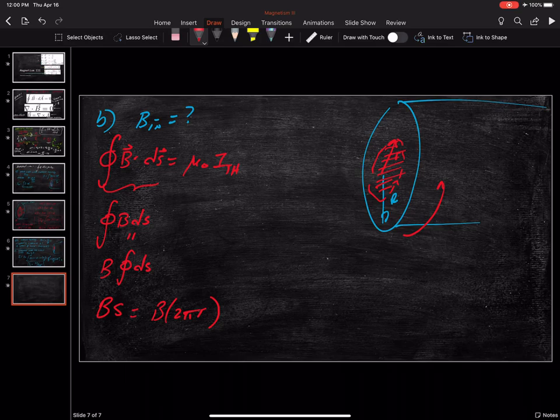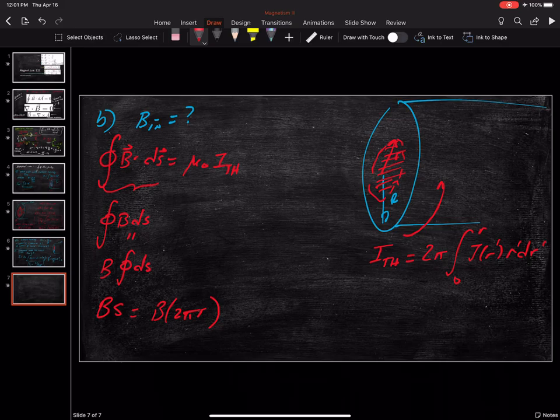Now I just have to figure out I through, and that's easy. This is just 2 pi integral of j of r times r dr from 0 out to r, this radius here. If it bothers you, call this j prime, r prime, d r prime.